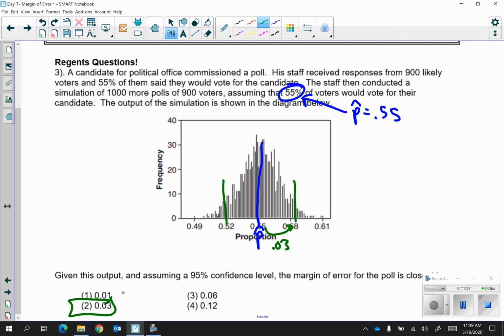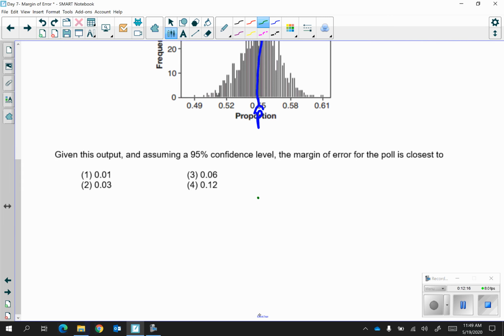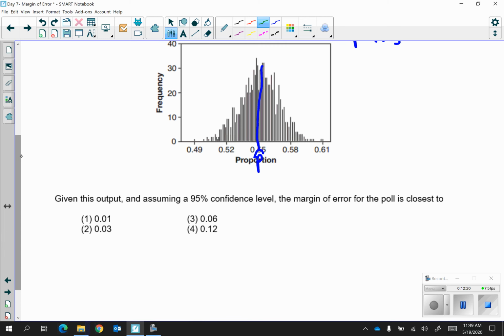Now, if you have some trouble estimating it this way, you can do something else. You can actually look at the options they give you and create a confidence interval for each one. So let me just scroll down a bit. We know that your confidence interval is p hat plus or minus your margin of error.